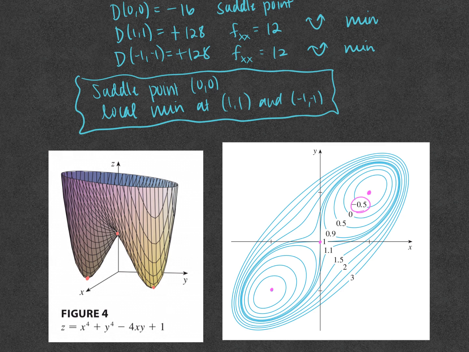And then here at 0, 0, you can see that we have a z value of positive 1. So it kind of saddles because it's neither a maximum. It looks like it's going up, but it's the saddle point happening in the center of it all. You're given a contour map, I think, in one of your homework problems and asked to verify. So that's interesting. It's cool to look at the contour map to go with it.